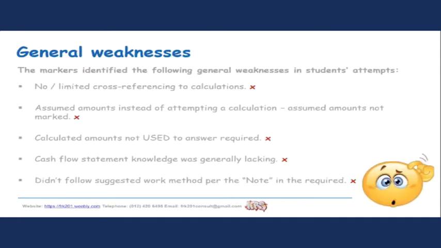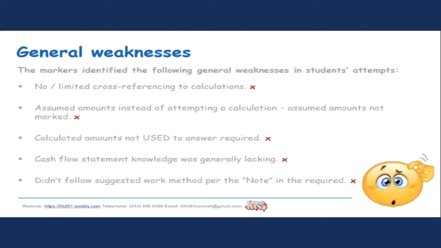The markers identified the following general weaknesses in students' attempts. No or limited cross-referencing to calculations. Students made use of assumed amounts instead of attempting a calculation. Assumed amounts were not marked. Calculated amounts were not used to answer the required.